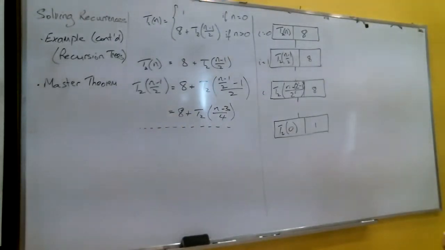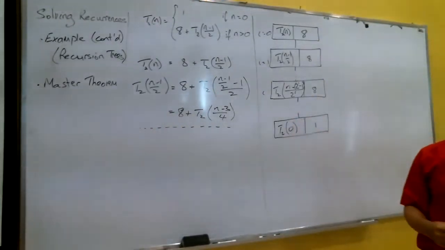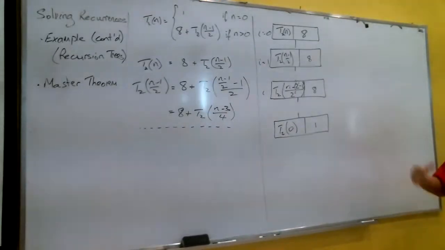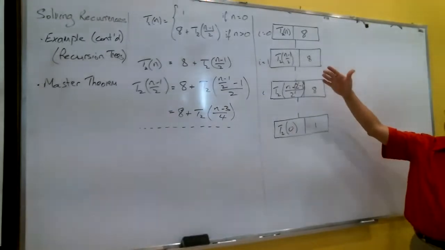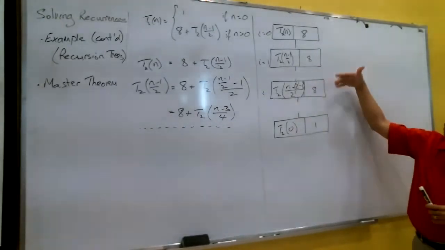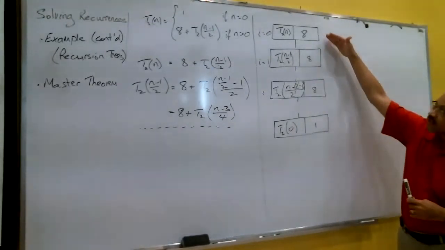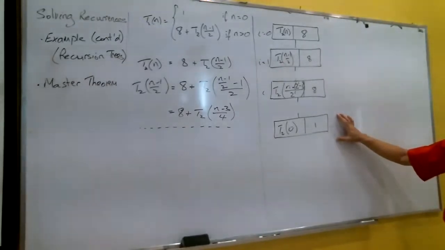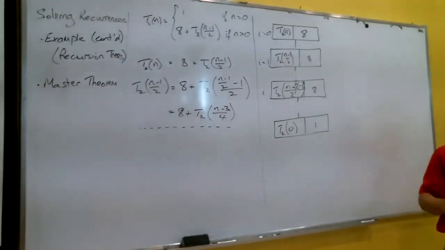Now what we need to do is figure out how deep this tree is, because clearly, if I'm going to add up all the overheads, what I see is a bunch of 8s, and that's just fortunate that they are constants. It's 8 for all the nodes above the leaf level, and then just 1 at the leaf level.